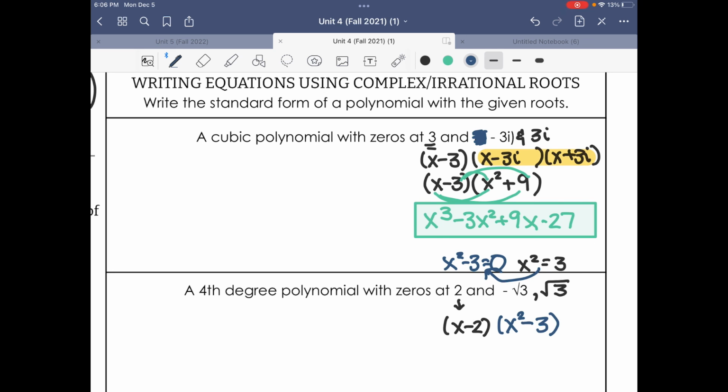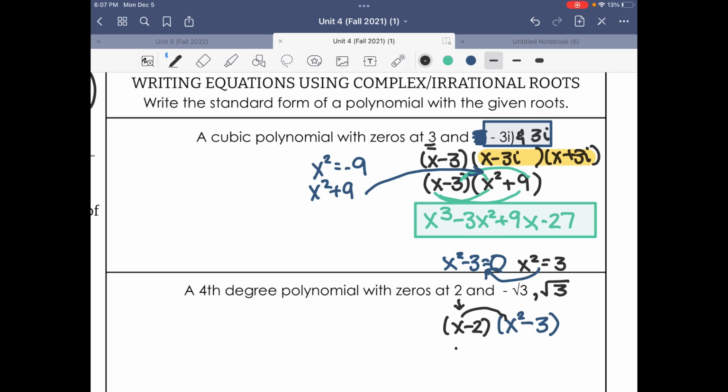I could have said, oh, if I've got 3i and negative 3i, then x squared has to equal negative 9, because the square root of negative 9 is 3i. And then you would add that 9 to the other side, and that's how I could have also gotten this one.